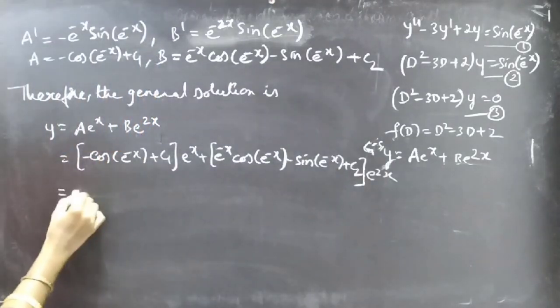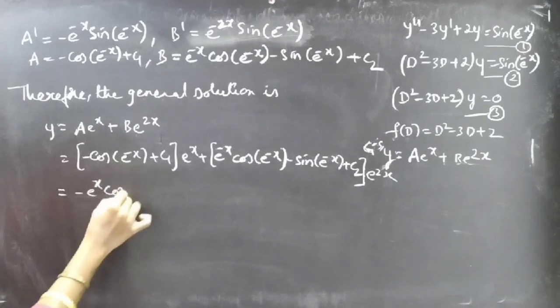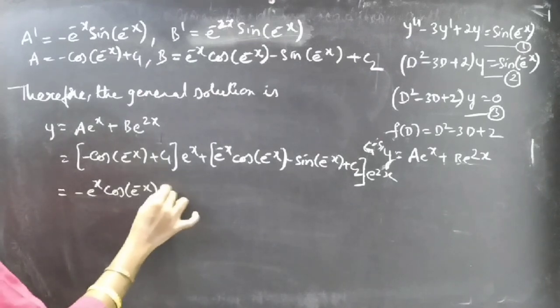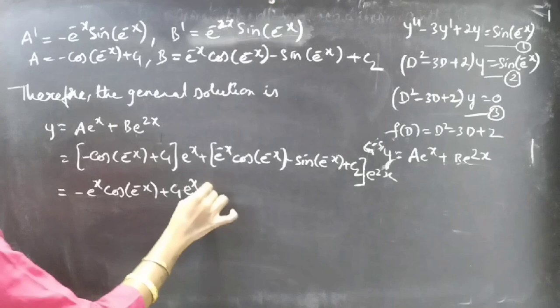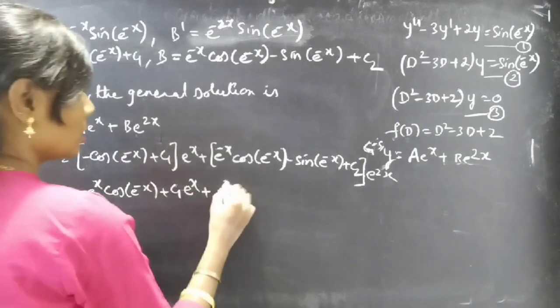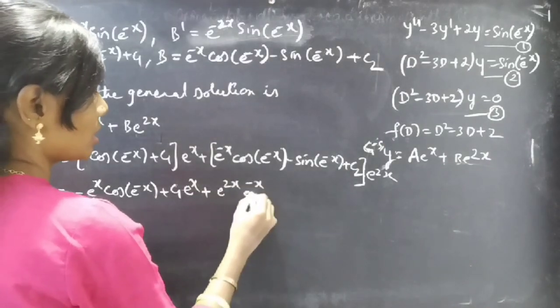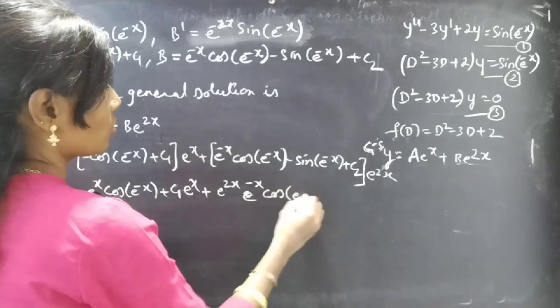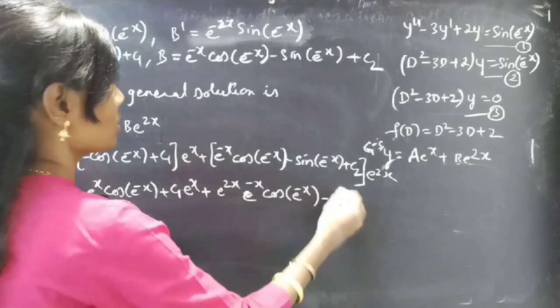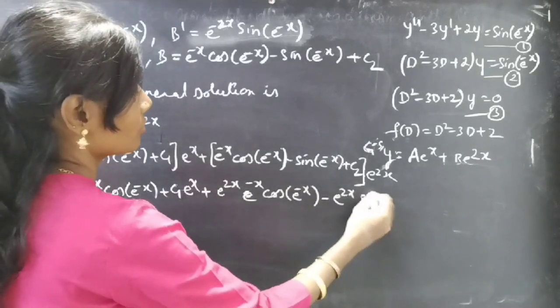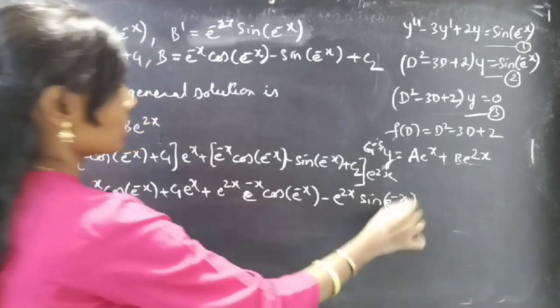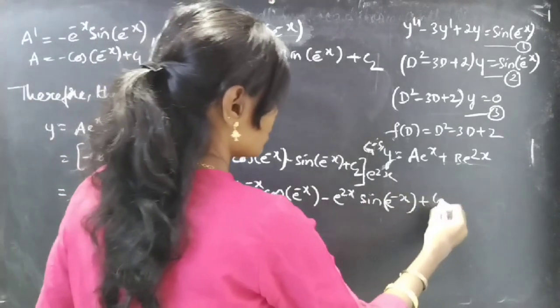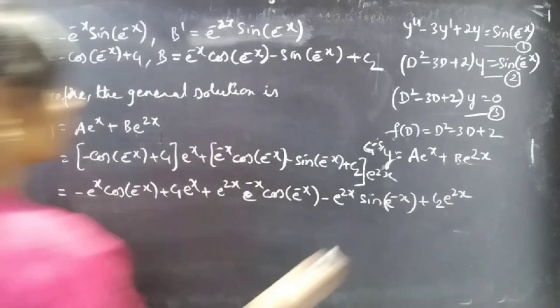This gives us minus e power x cos of e power minus x plus c1 e power x plus e power 2x into e power minus x cos of e power minus x minus e power 2x into sine of e power minus x plus c2 e power 2x.